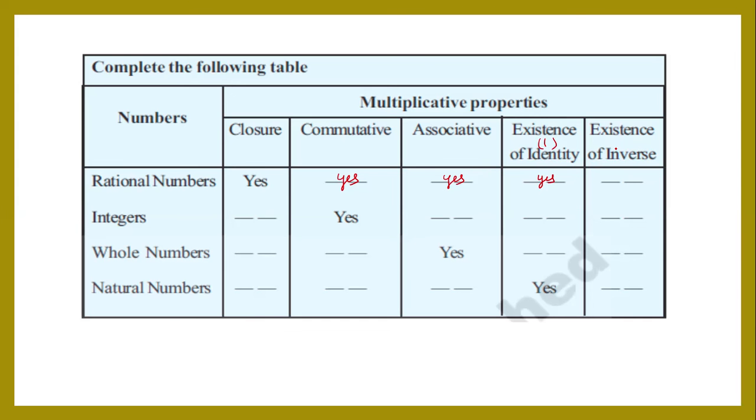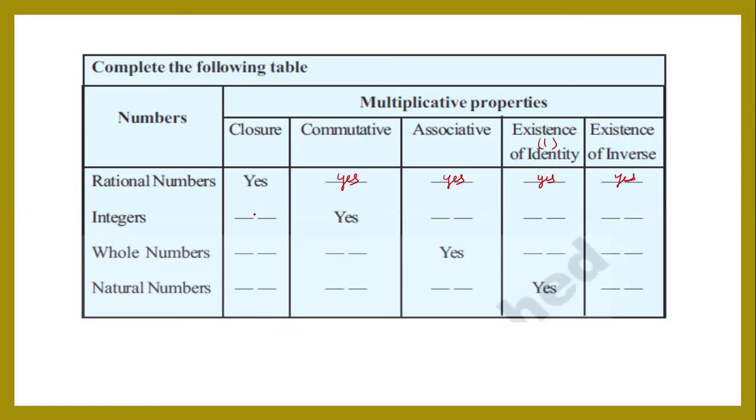And the existence of inverse: if 4 is a rational number, the multiplicative inverse is 1 by 4. As rational numbers are defined in P by Q form, we have 1 by 4, 1 by 2 and so on. So we have the inverse numbers in rational numbers.